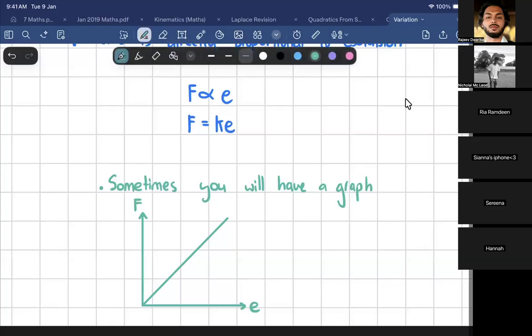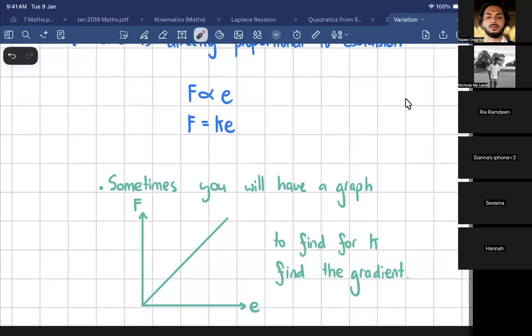So sometimes you will have a graph. To find K, find the gradient. And let me explain why. When you look at the statement F is equal to KE, right, Sienna? If you compare that to y is equal to mx plus c, aren't you seeing that y is F?